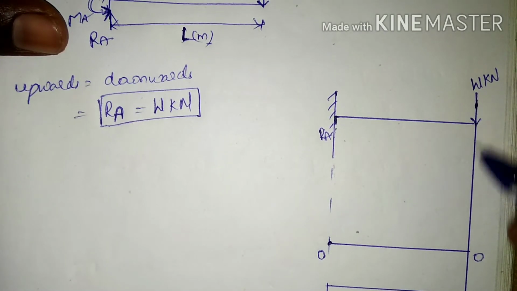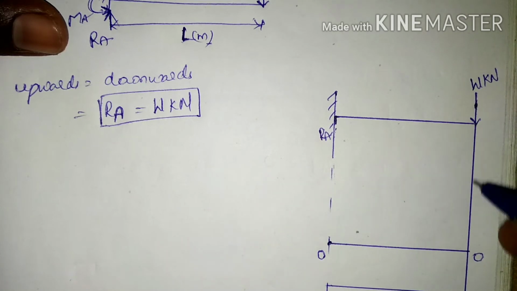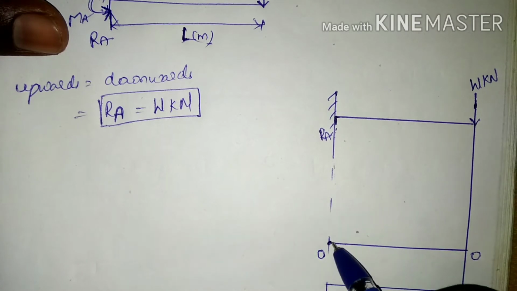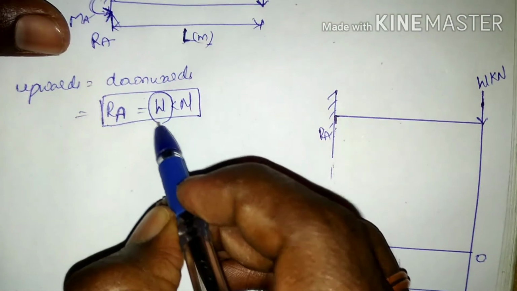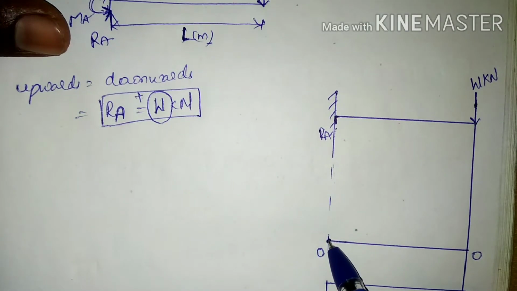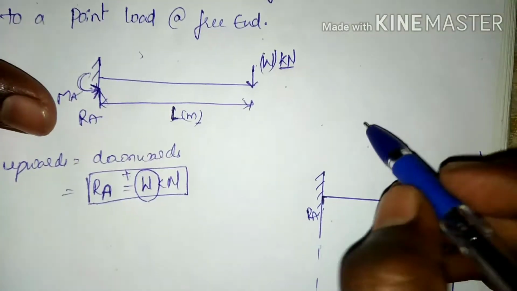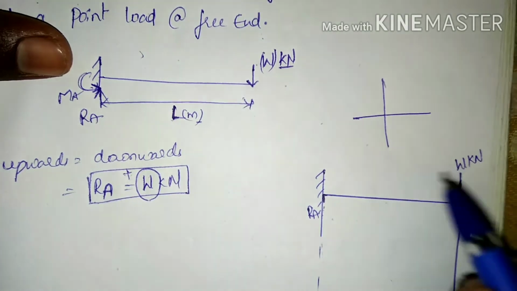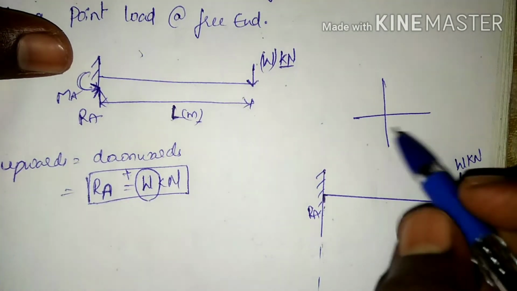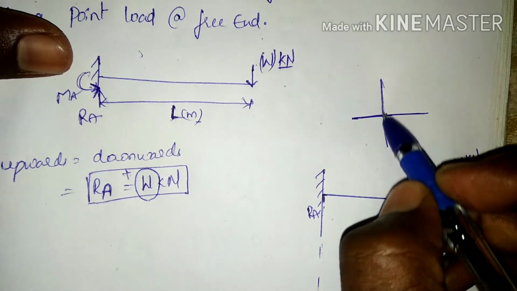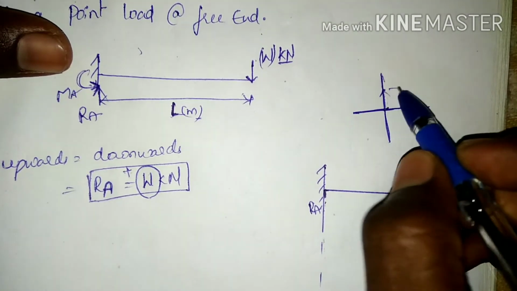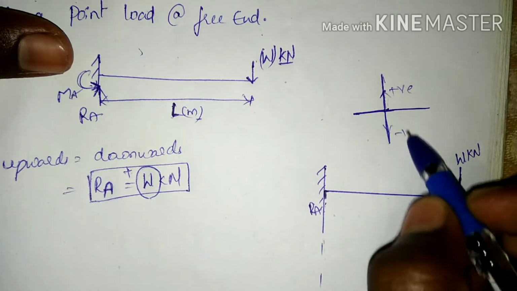For convenience, I have drawn a straight line, but you have to draw a dotted line. And here we have kilonewtons in the positive direction, that is positive. As we know from trigonometry, in the coordinate system, this is in the positive direction and this is in the negative direction.